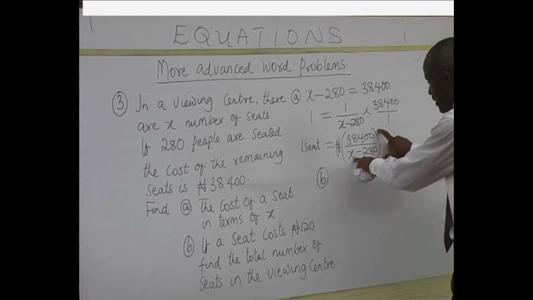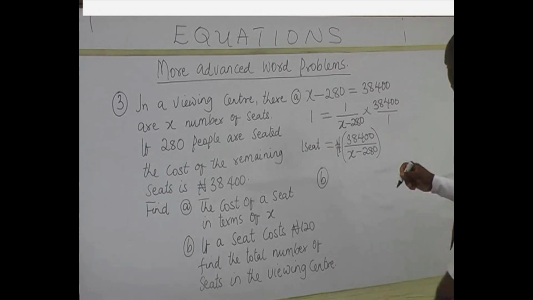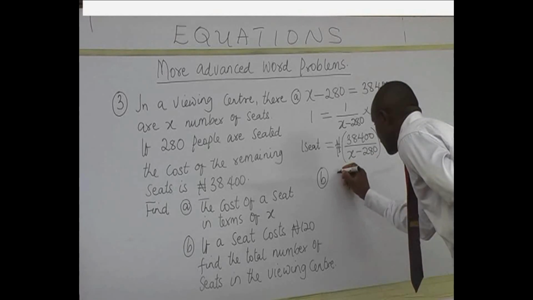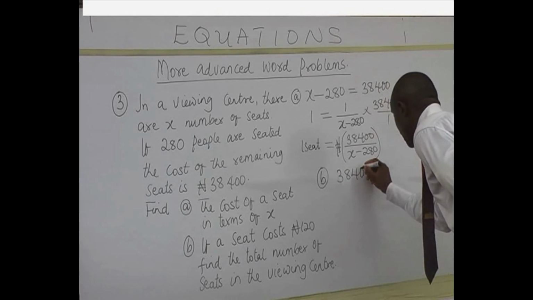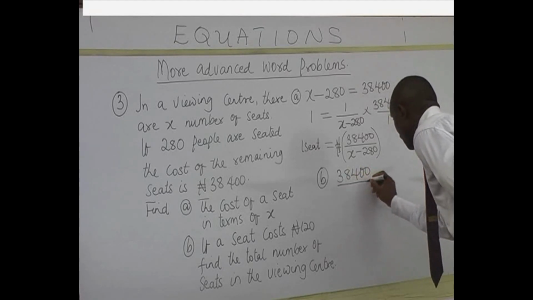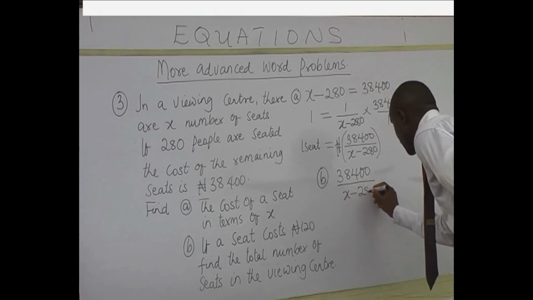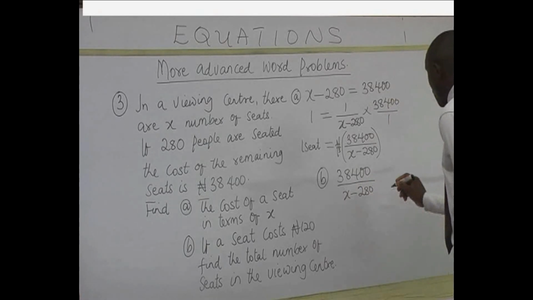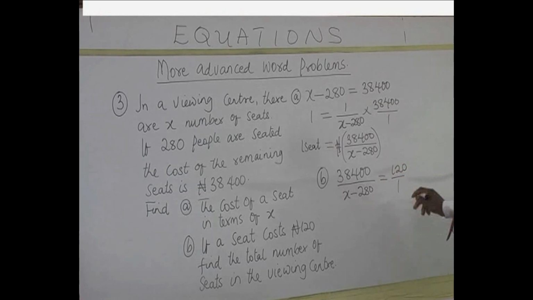From there, we'll find the value of X, which will give us the total number of seats. We're going to have 38400 all over x minus 280 equated to 120 all over 1. Just write 120 all over 1 so that it will be in fraction form.